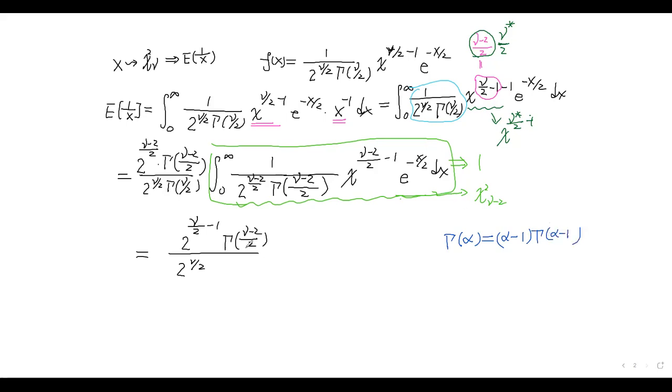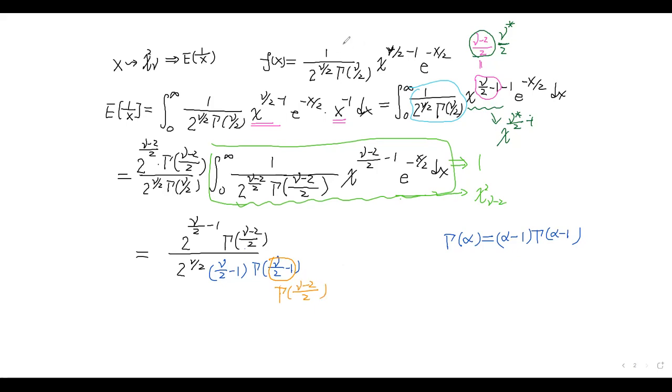Now you can treat V over 2 as your alpha, so this will be V over 2 minus 1, then gamma of V over 2 minus 1. So the gamma of V minus 2 here just becomes gamma of V over 2 minus 1.